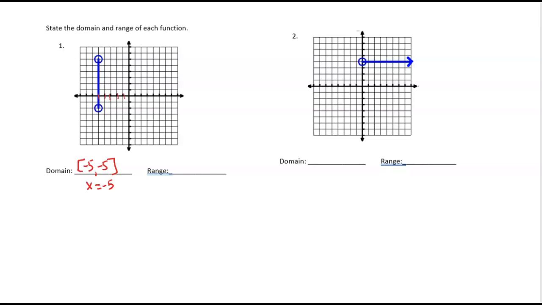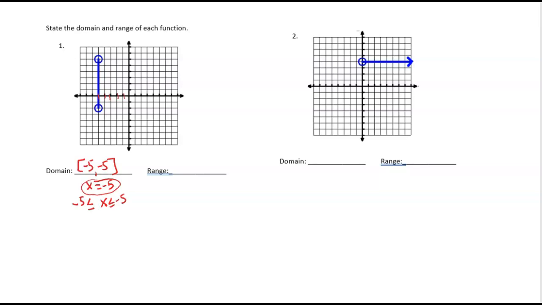Those would be the 2 ways. If you really wanted to write it in inequality notation, you could say -5 is less than or equal to x, which is less than or equal to -5. It's kind of repetitive. I would probably write it the shorter way for my x values.